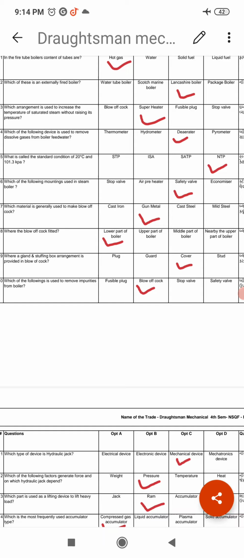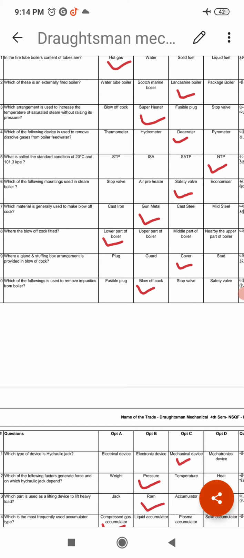Option B, superheater. Next, which one of the following devices is used to remove dissolved gases from boiler feed water? Its answer is option C, dry heater or preheater.